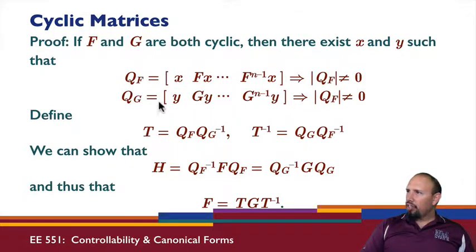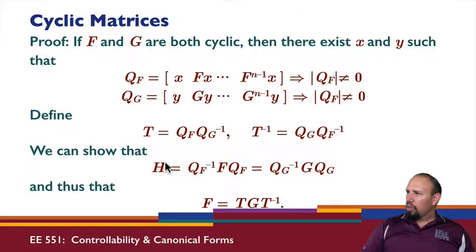And so I have these two, QG and QF, both non-singular. So I can define this matrix T which is non-singular, and its inverse, in fact, is given by this. And so we can show then that the matrix H, given by this expression, is equal to this expression. And so I can show that F is given by this.